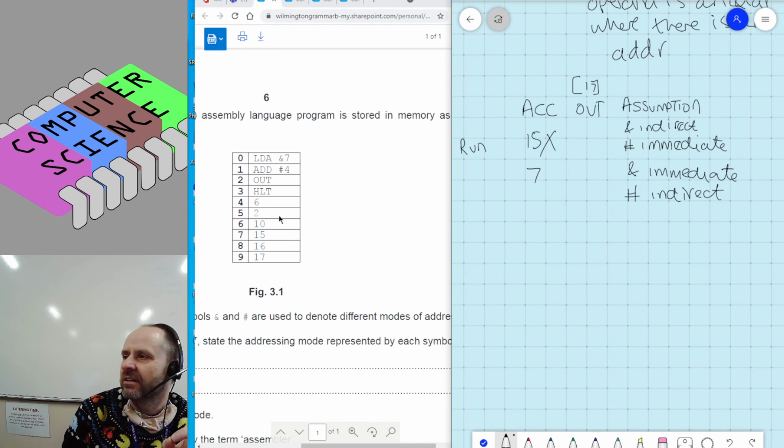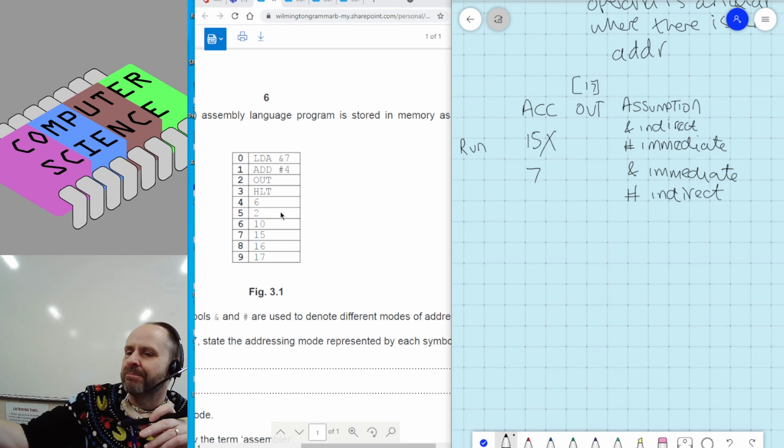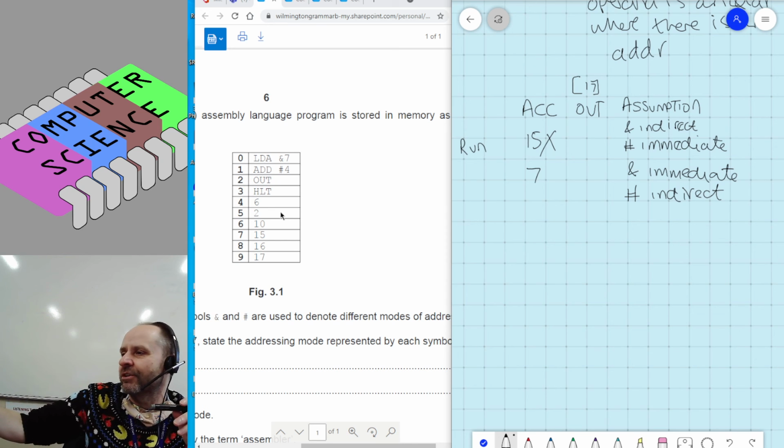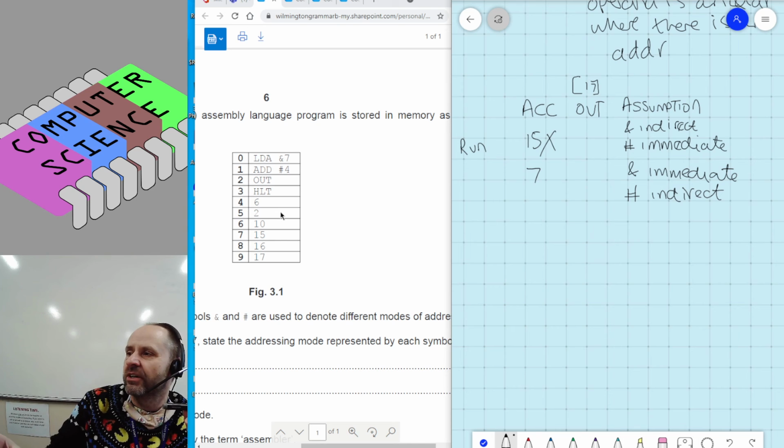So in reality, what would happen here, inside a real CPU, I've decoded this instruction and gone, okay, it's indirect addressing. I would put the 4 in the memory address register. I would then initiate a fetch, and at the MDR would arrive 6.